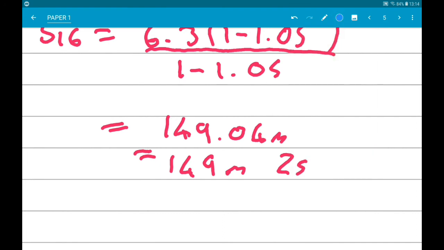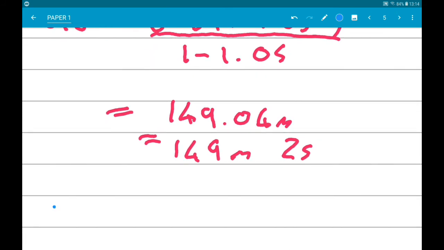So the total time is that add 24 minutes. So the total is 173 minutes, 2 seconds.